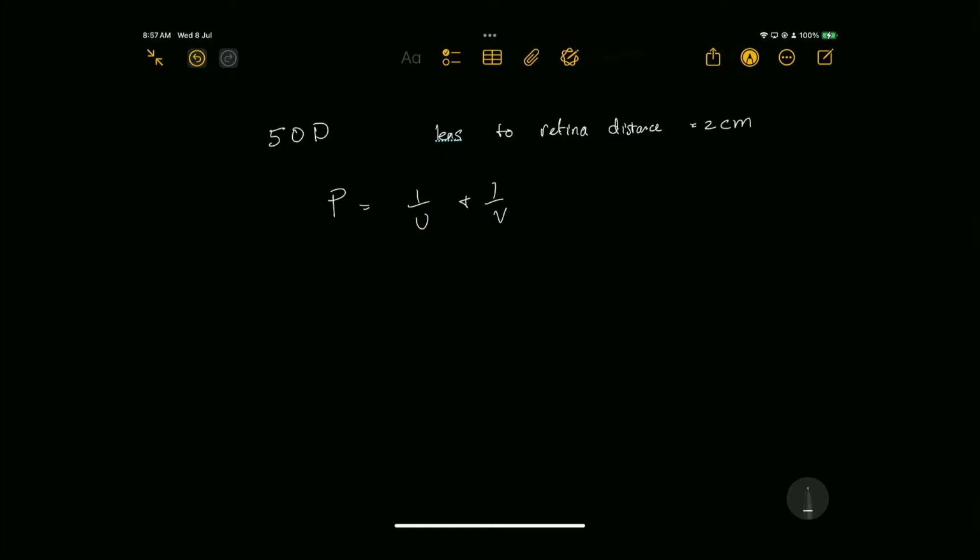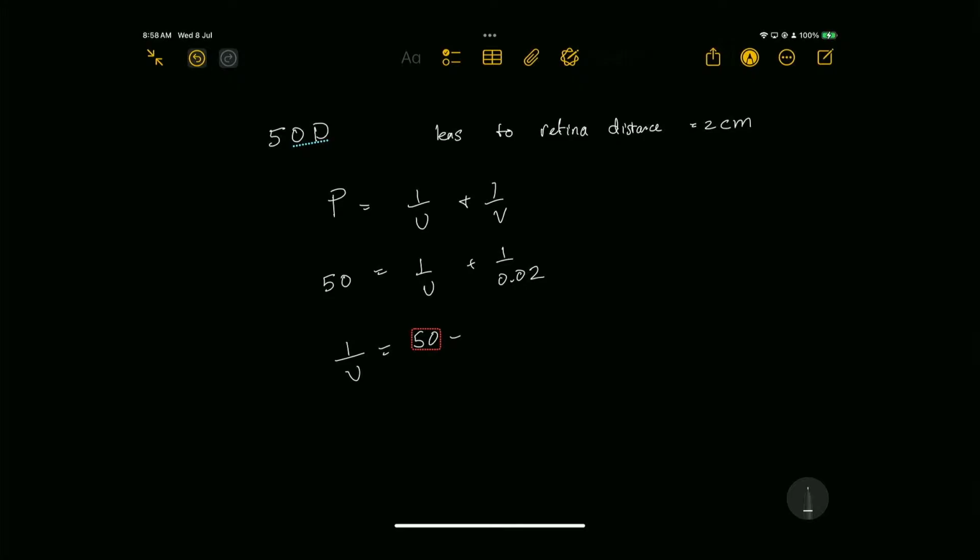And what do we use as the image distance? 0.02 meters. Right. So 1 over 0.02 is how much? 50.